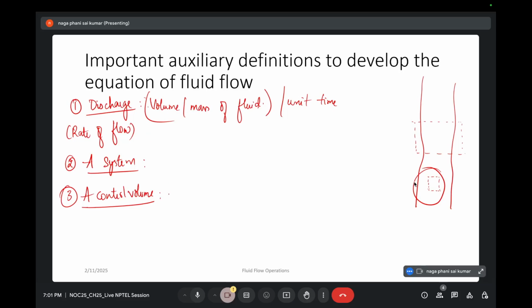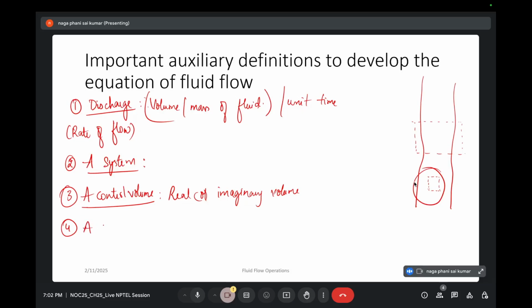This is a volume which we'll be using for defining a system. Whereas the system is an imaginary boundary we'll be defining for the particular problem, a control volume can be imaginary or a real volume as well.